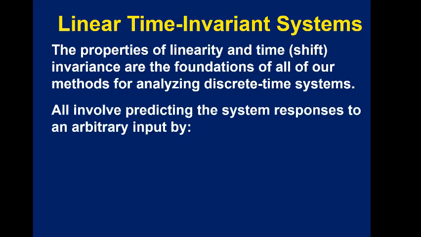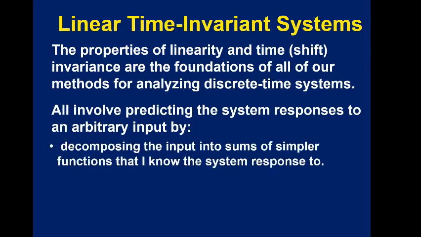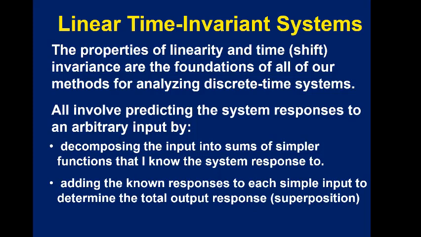A lot of our methods are similar to convolution in that they predict the system response to some arbitrary input signal by describing that input signal as a sum of weighted and shifted simple functions, where I've chosen my simple function to be one that I either know intuitively or can find easily the response of the system to just that simple function, so that computing the output becomes just a matter of adding up a bunch of scaled and shifted copies of those simple function responses.